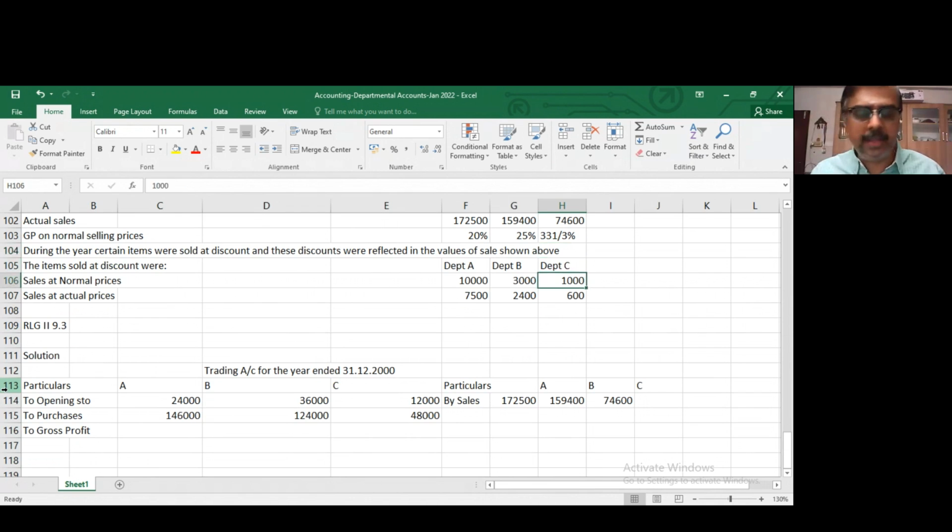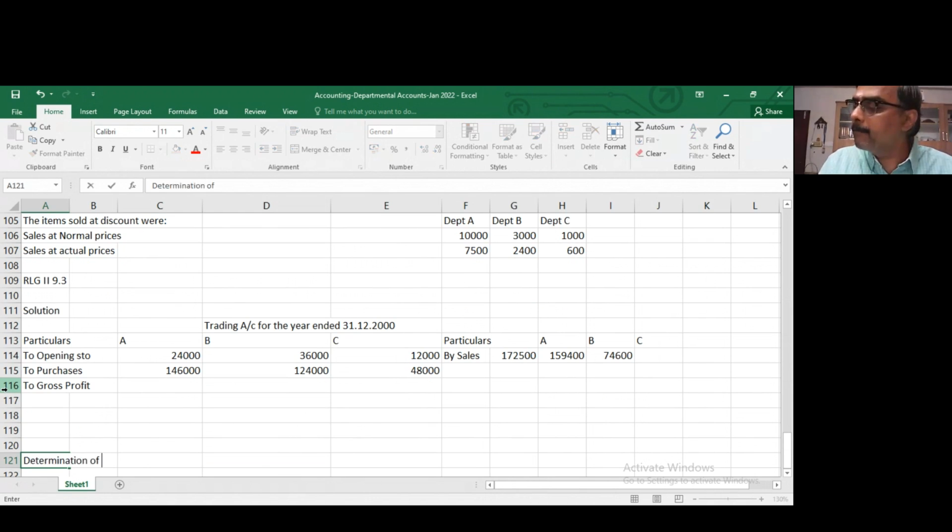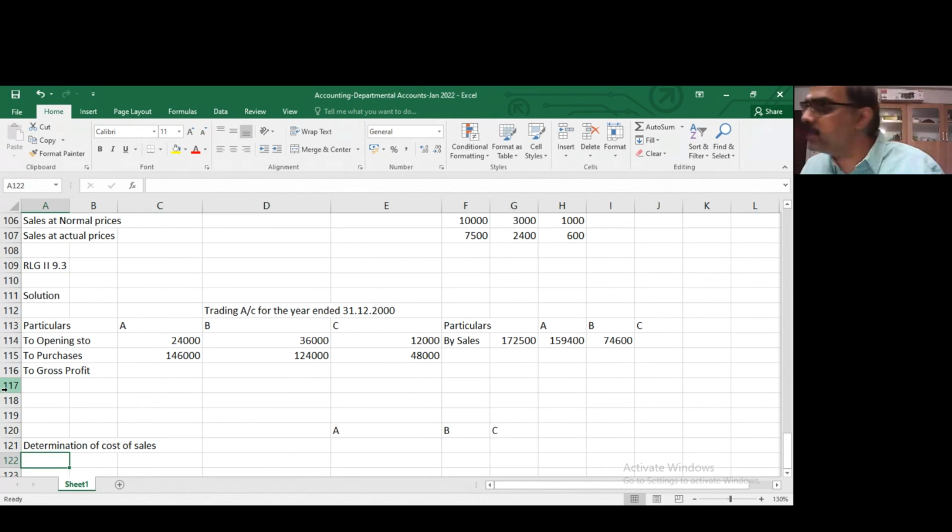After determining GP, we can determine the closing stock later. So, determination of cost of sales and GP. It's an important calculation because they have not given us the closing stock value. We have to derive it.